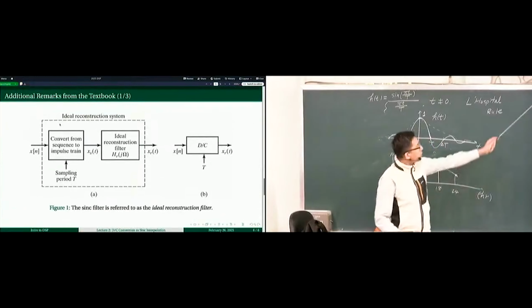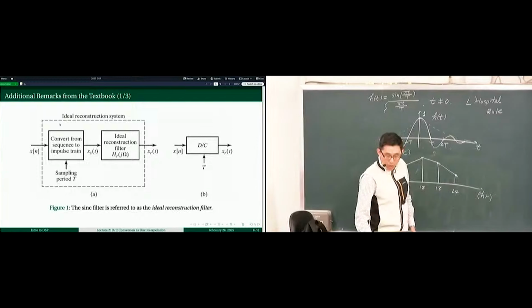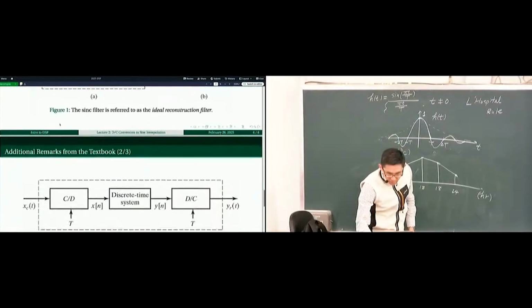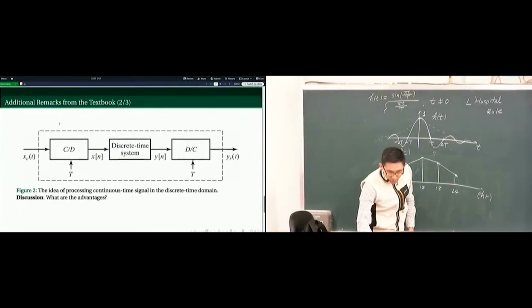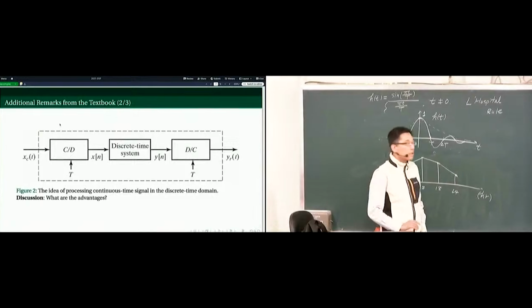But here are a few more remarks I want to make before we conclude this lecture. The second remark is that now we are in good shape.